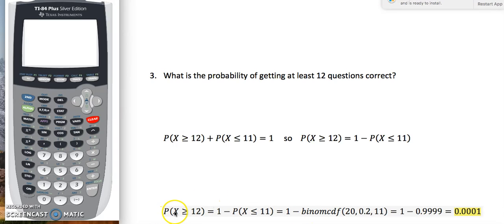So the probability that x is greater than or equal to 12, so we have 12 or more questions correct, is equal to 1 minus the probability that we have 11 or less correct. So that's 1 minus, and binomial CDF is what we're going to use here. So I'm going to go ahead and calculate this probability, binomial CDF.